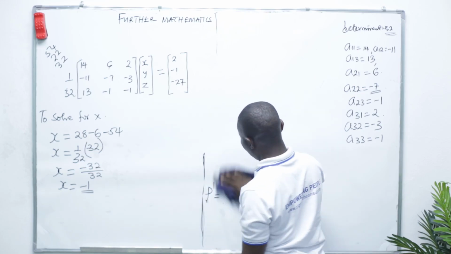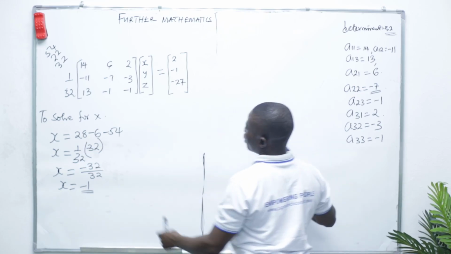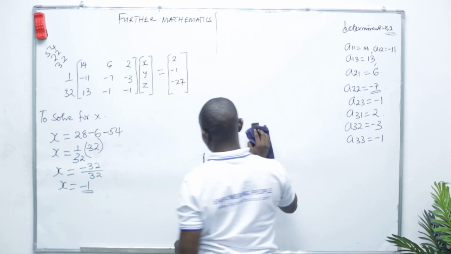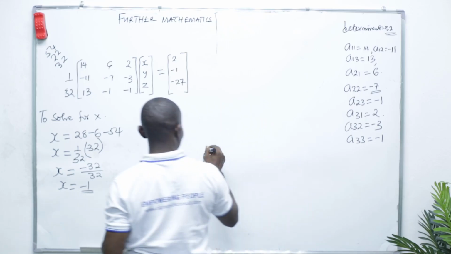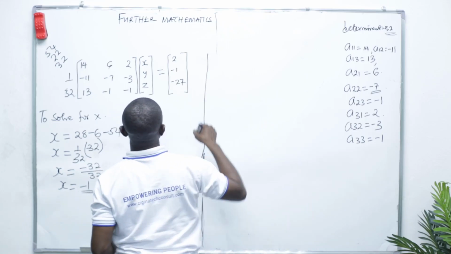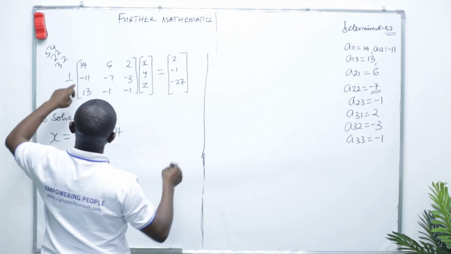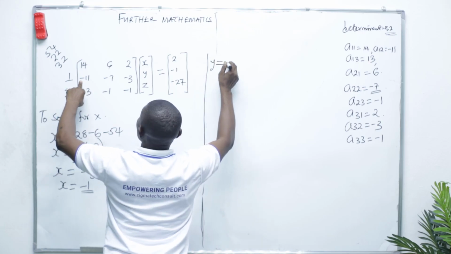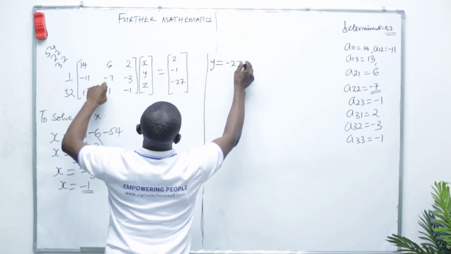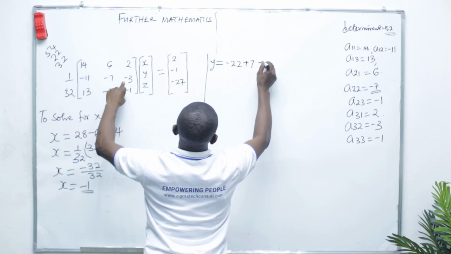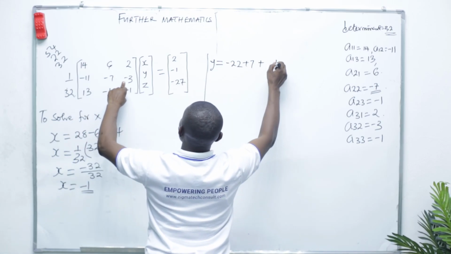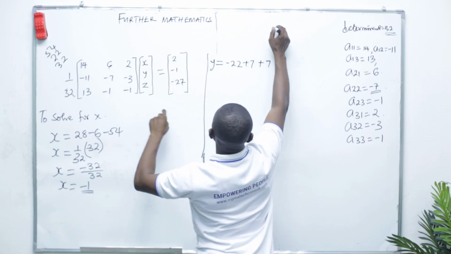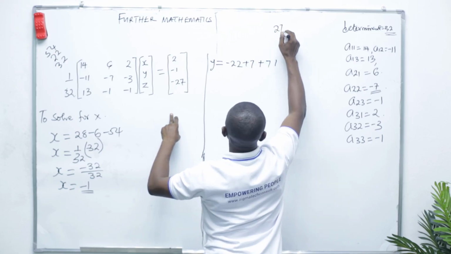We need to solve for y. Recall, this is x, y, z. To solve for y now, I will have that minus 11 times 2, y equals minus 22 plus 7 plus, this is 21 carry 2, 6, 71. Let me verify. It should be 81.